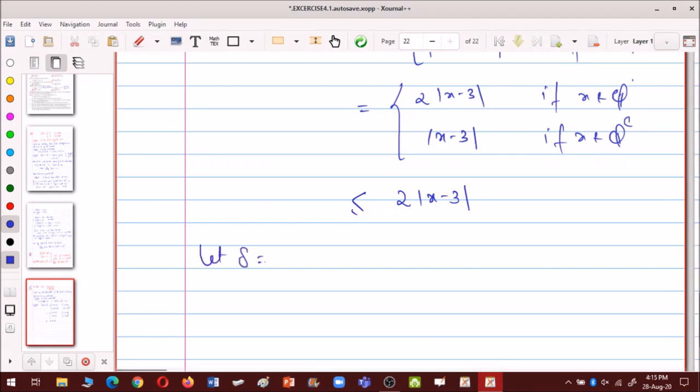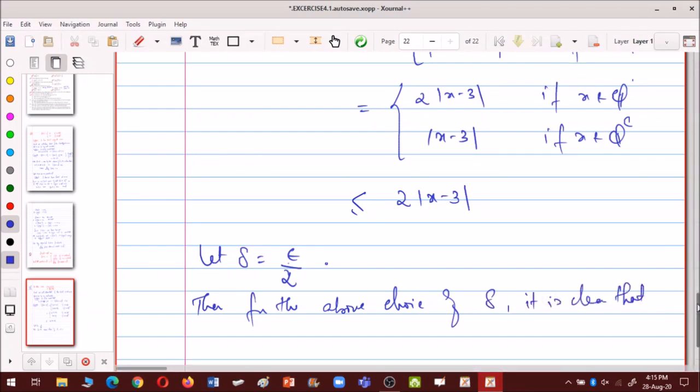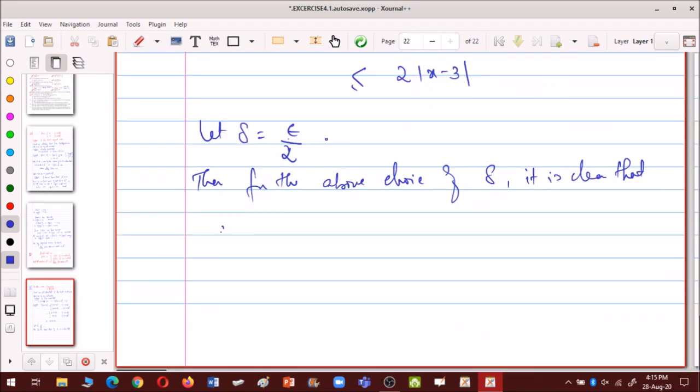Let delta equal to minimum of epsilon and epsilon by 2. Then for the above choice of delta, it is clear that 0 less than |x minus 3| less than delta implies |f(x) minus 6| is less than epsilon.